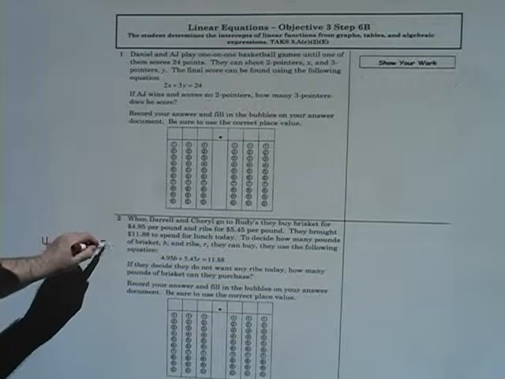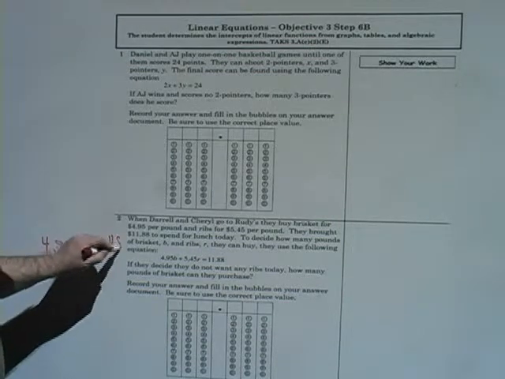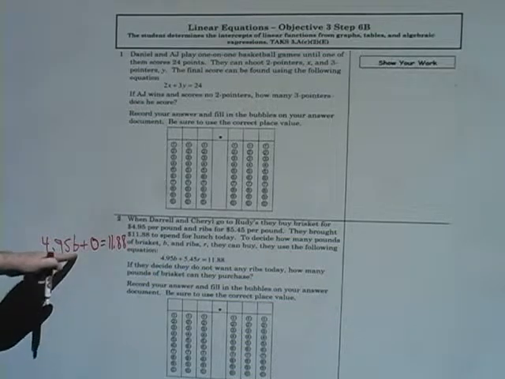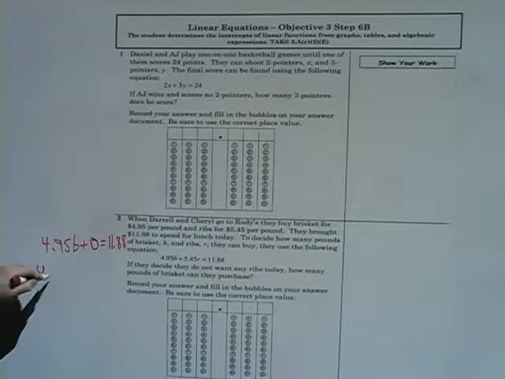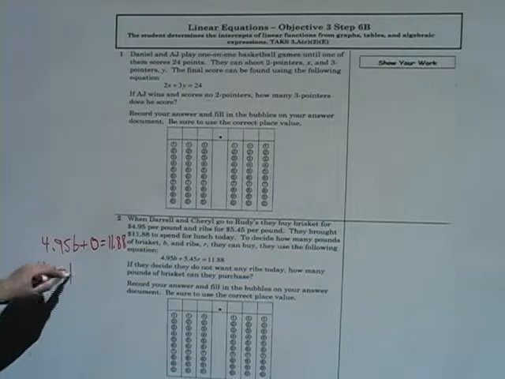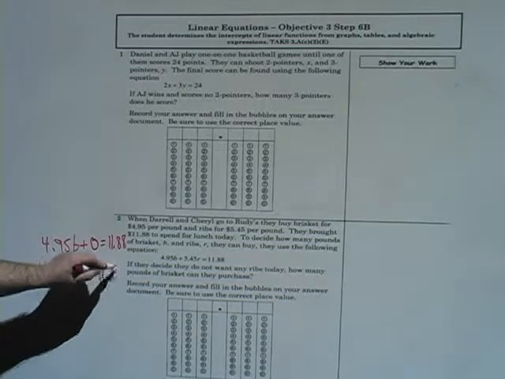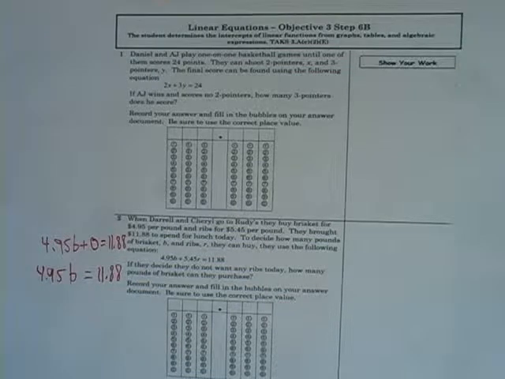Okay? And we can just write it like that. We don't have to put anything in for 5.45R because it's just going to equal 0. It's not going to be any ribs. It's all going to be brisket. So we can just say 4.95B equals 11.88, and we solve that.